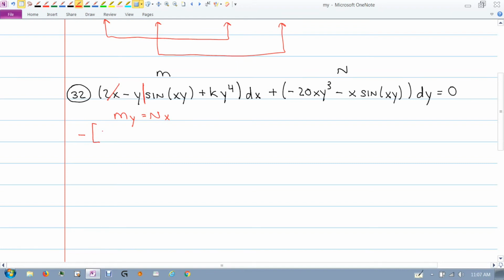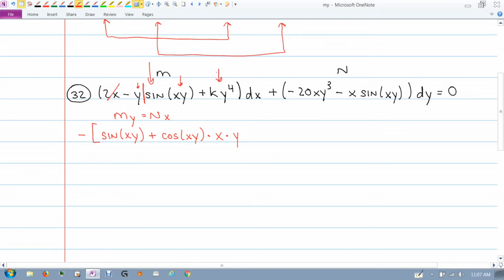So derivative of y is 1 times sine of xy plus derivative of sine of xy is cosine of xy, then times the derivative of what's in here with respect to y, which is x, but then also times the y from the product rule. All right, that is our derivative of that product there.